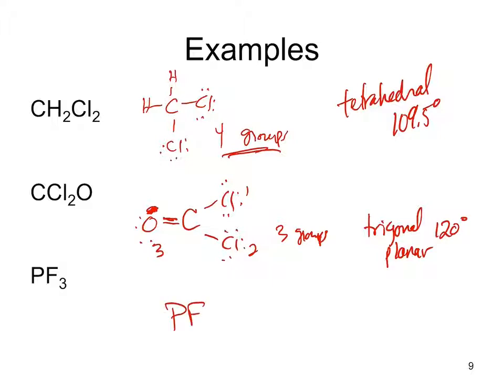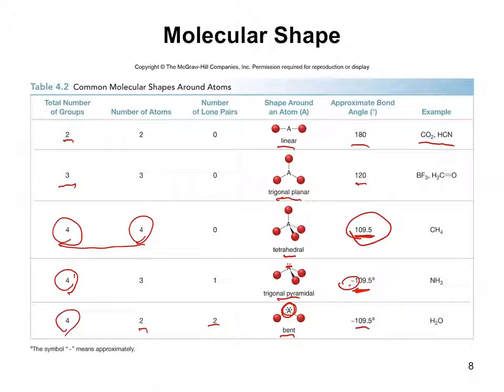Okay, last one, PF3. Let me write this out. Okay, so if you draw the whole Lewis structure, we're going to have a lone pair on here. So we've got 1, 2, 3, and 4 groups. But we have 4 groups with a lone pair. Let's go back quickly.